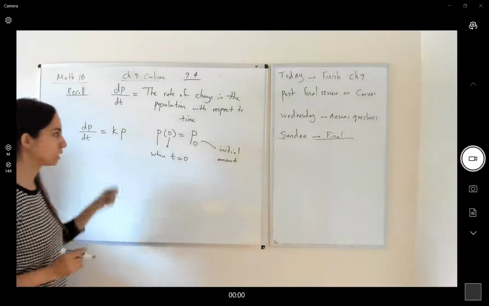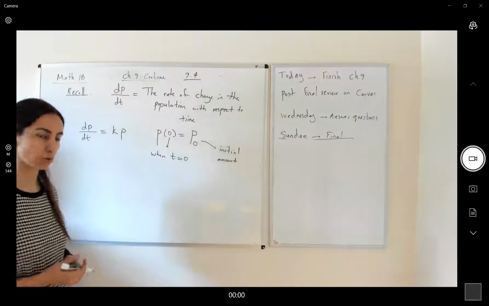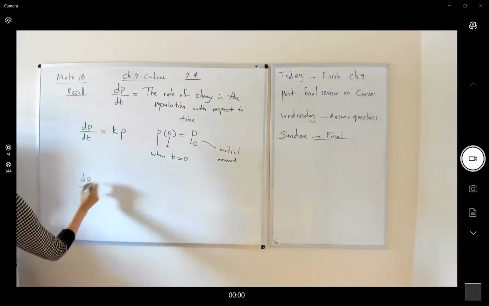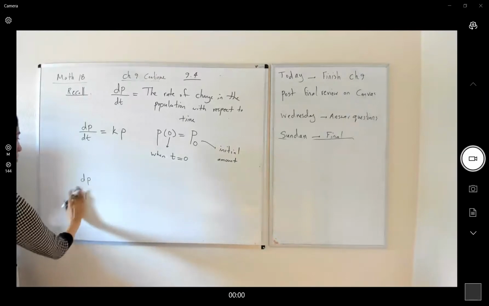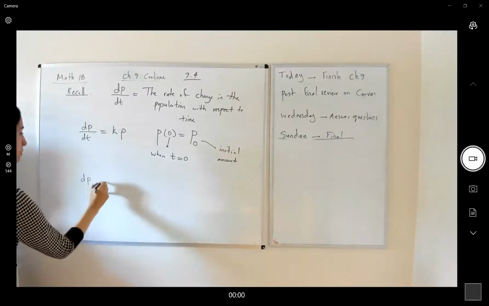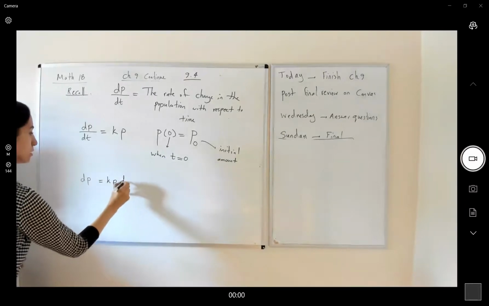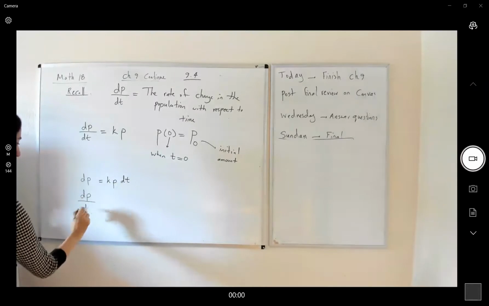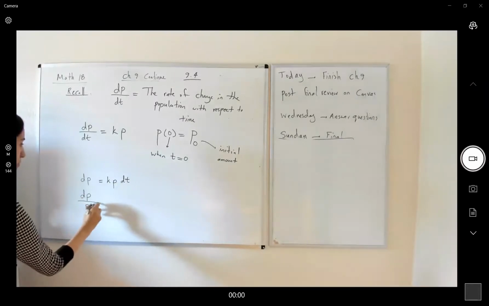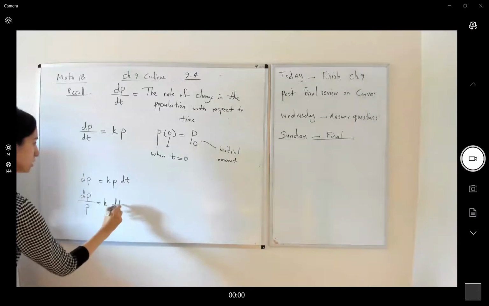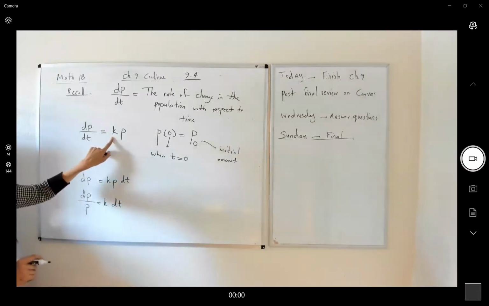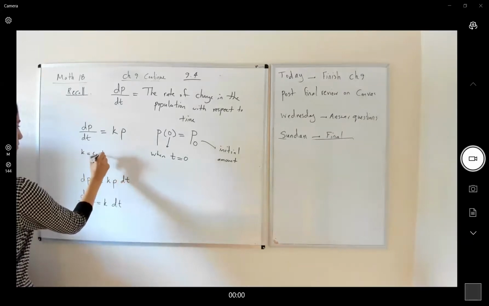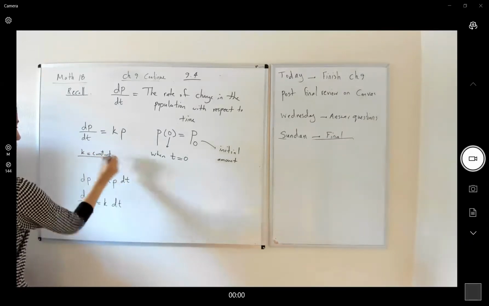We have to check to see if it's a separable differential equation or not. So let us multiply everything by dt and divide by p: dp over p is equal to k times dt. You know that k is just a constant.